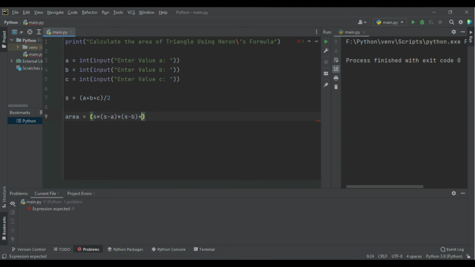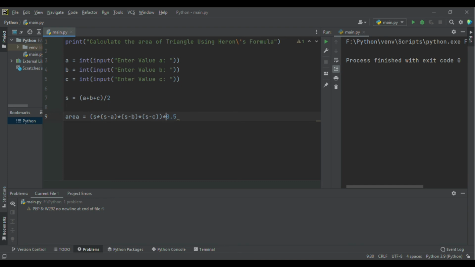So this is the formula and the whole of the root. So multiply by 0.5, it is not multiplication, it is a power. 2 asterisks means it is a power, and 1 asterisk means it is a multiplication.